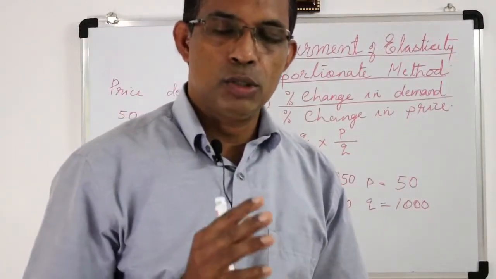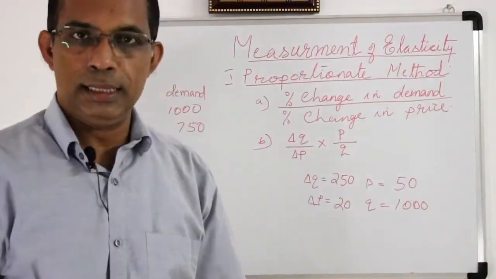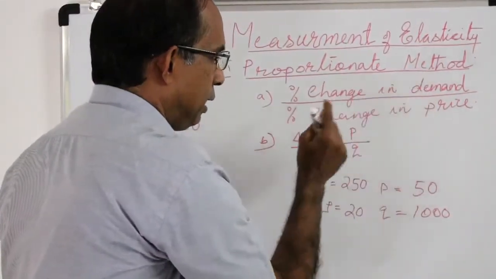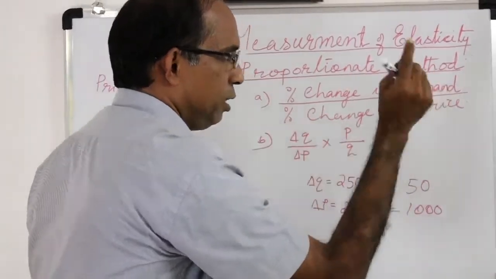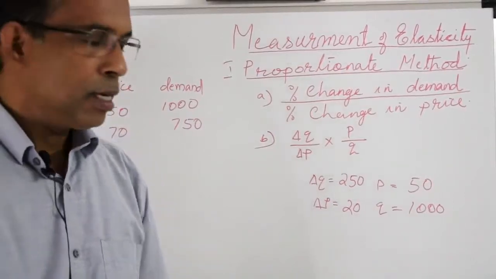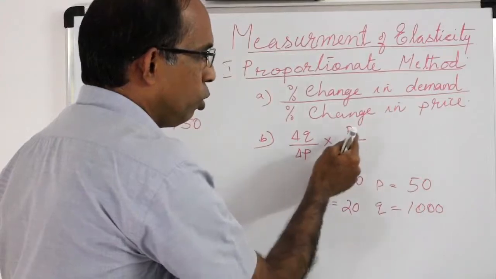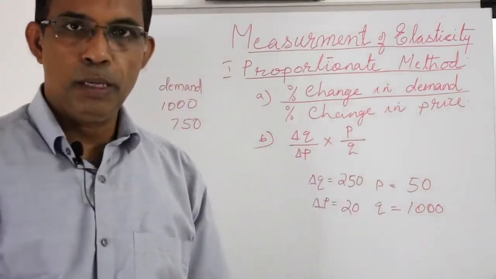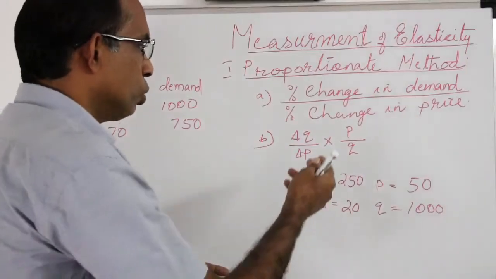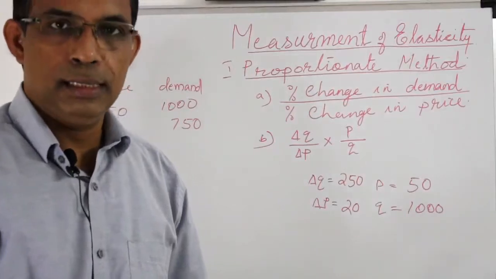And there are two formulas for calculating elasticity. The first one is percentage change in demand divided by percentage change in price. That is the first way of calculating elasticity. And the second one is delta Q divided by delta P into P by Q. Depending upon the type of question, we can use any of these formulas to calculate elasticity.